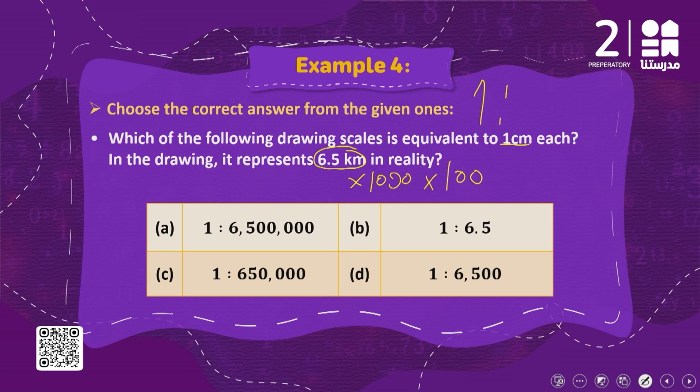From kilometer to meter, you multiply by 1,000, and then from meter to centimeter, you multiply by 100. So simply you multiply this value by 100,000. If you put this in your calculator, this value times 100 times 1,000, it will be 6, then 5, then 4 zeros. So here's the right answer: 650,000 centimeters in real life.